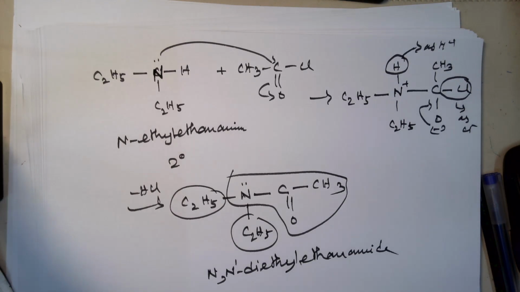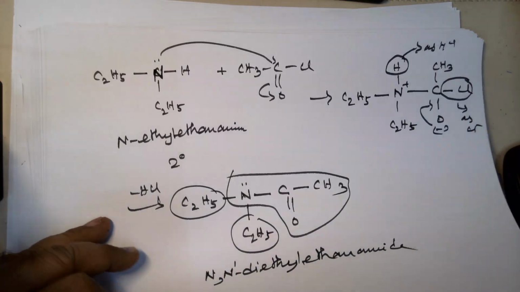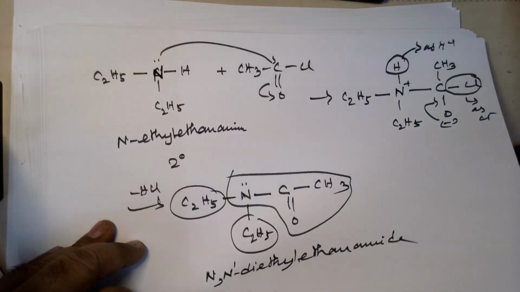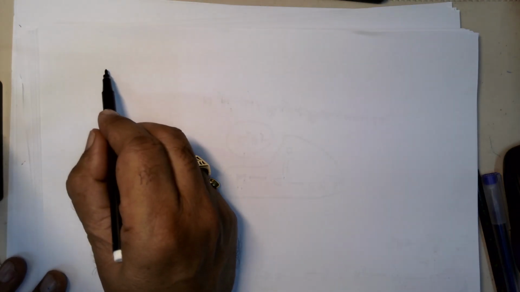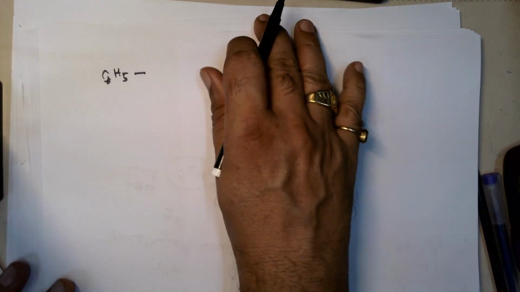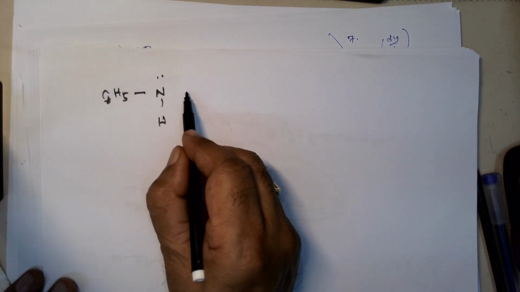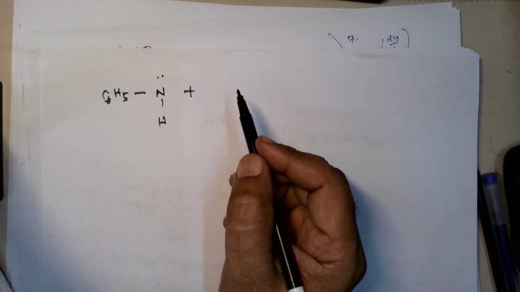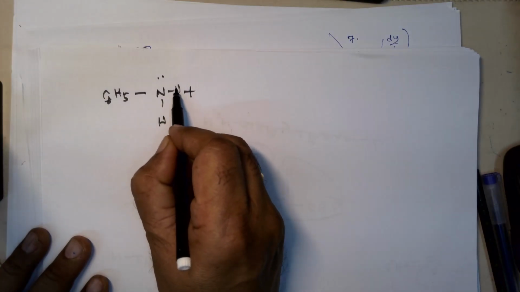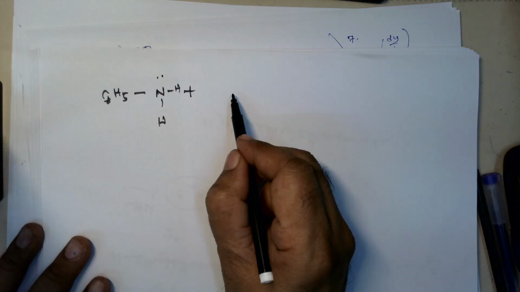Shall we try with aniline? Try aniline. C6H5NH2. So aniline. And what is the compound to be?